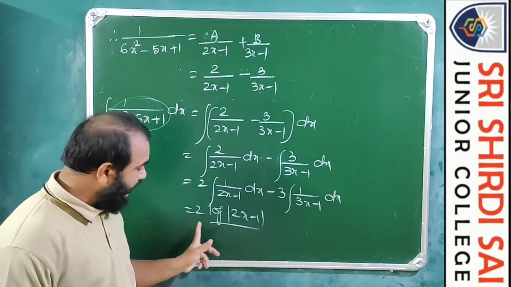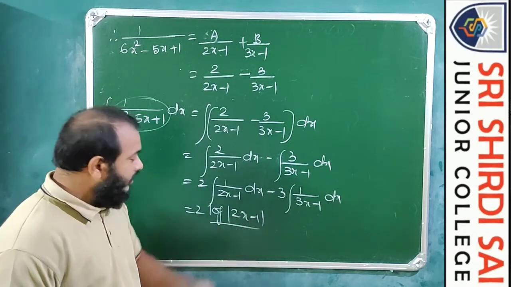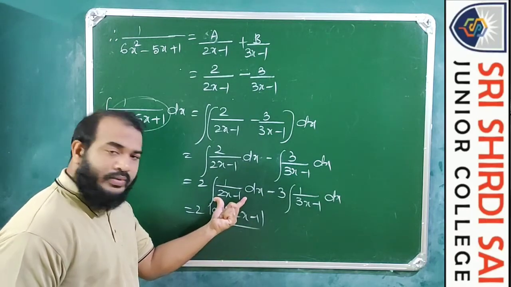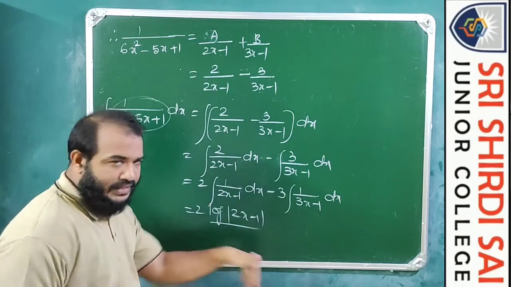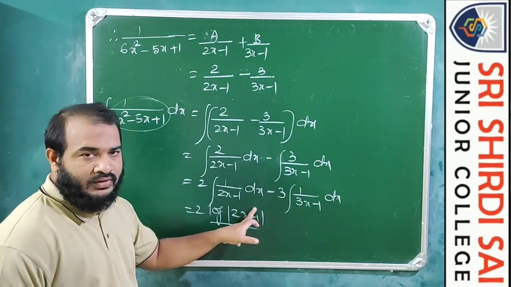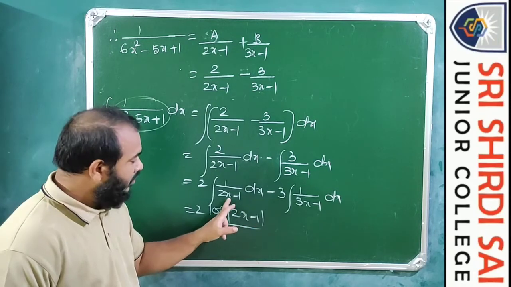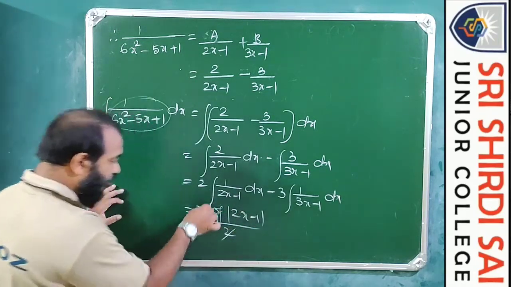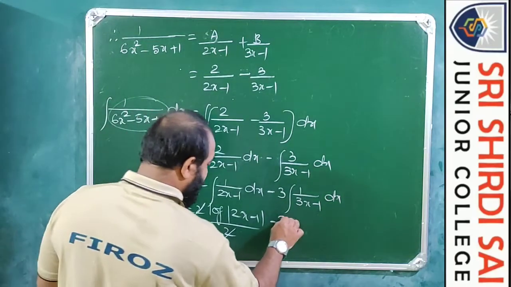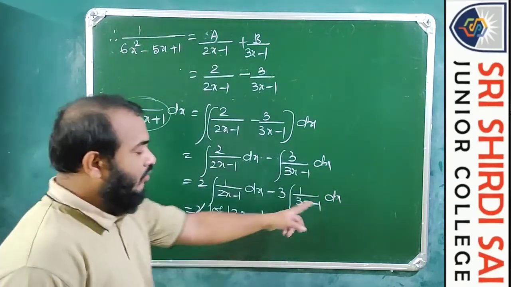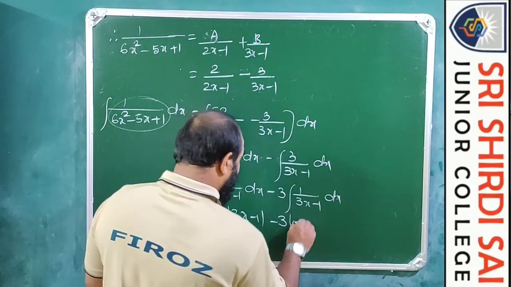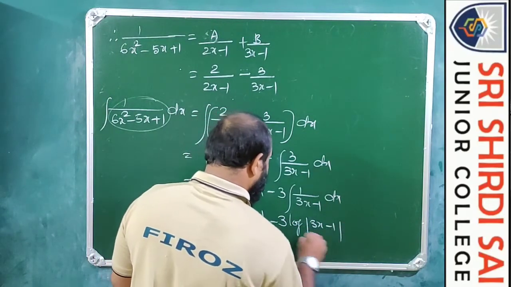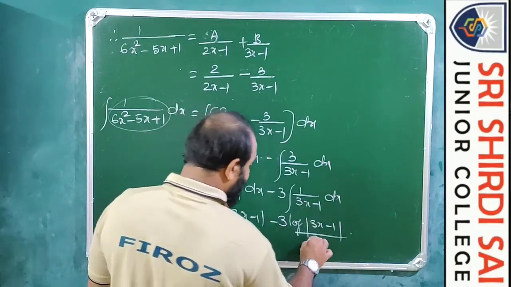So we have applied the formula. Since we have treated this to be x, we have to differentiate it: d by dx of 2x minus 1. d by dx of 2x is 2 into 1, which is 2, and the derivative of 1 is 0. So divided by 2, the 2 gets cancelled. Minus 3 into integral 1 by 3x minus 1 is log modulus of 3x minus 1 by the coefficient of x, which is 3.